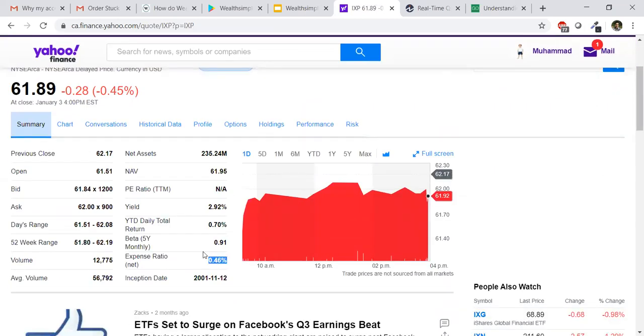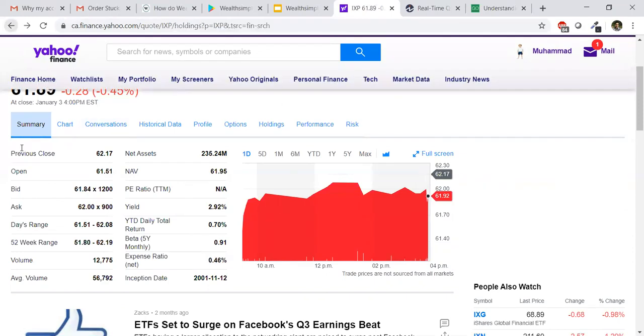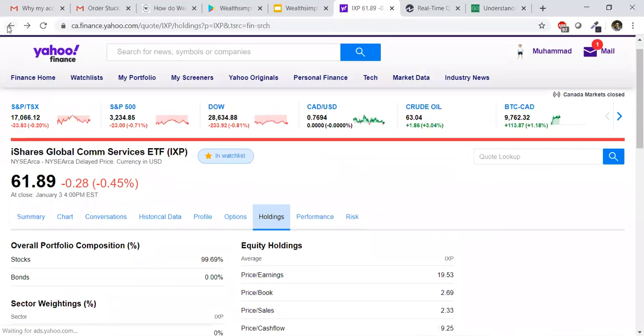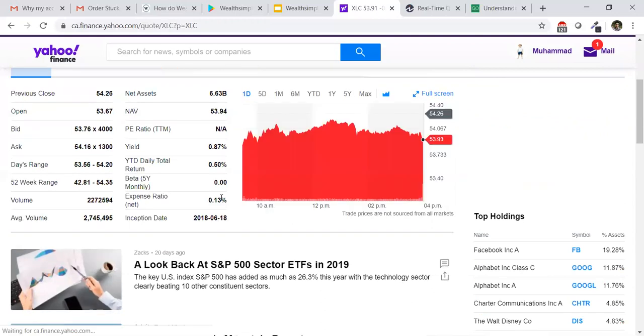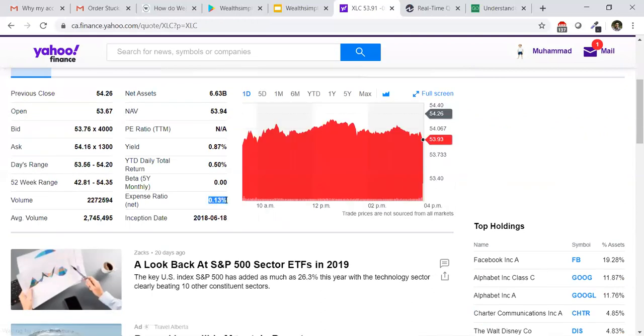So why am I buying an ETF which is very expensive? Its MER is 0.46, while the MER of XLC is 0.13.